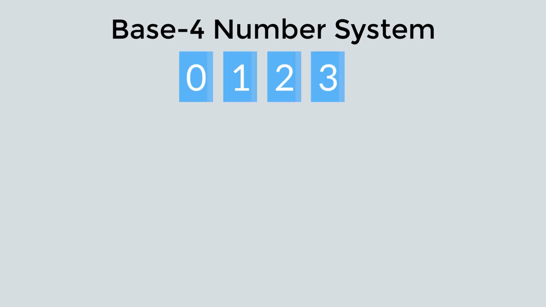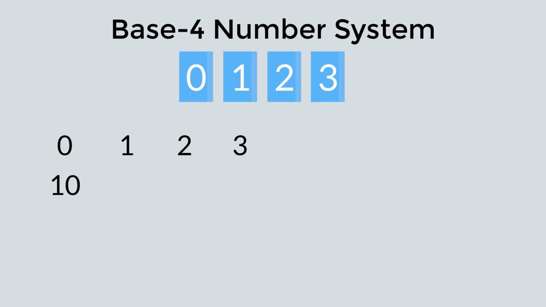In base 4, the available symbols are 0, 1, 2, and 3. So we count 0, 1, 2, 3. After 3, there is no next single digit. So we move to the next position and write 1, 0.